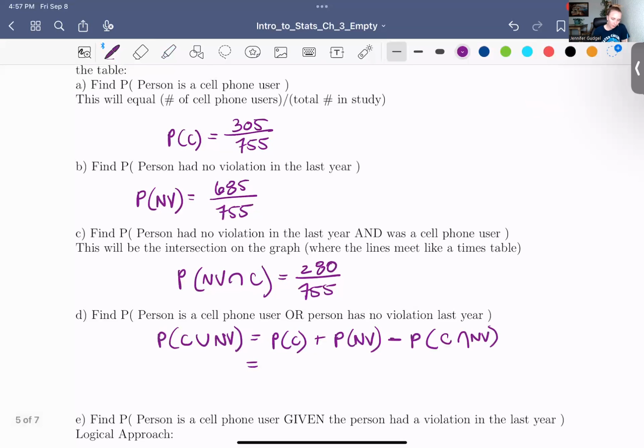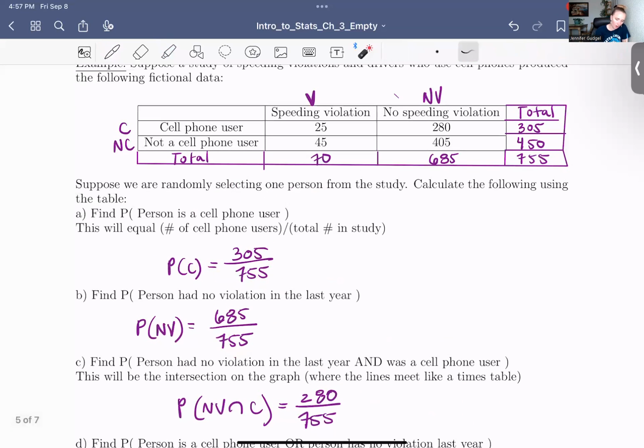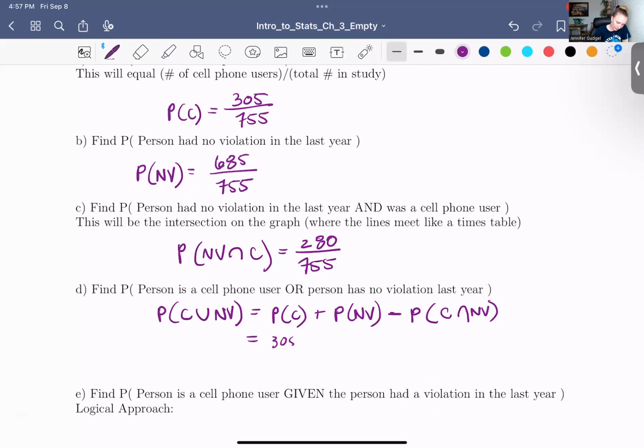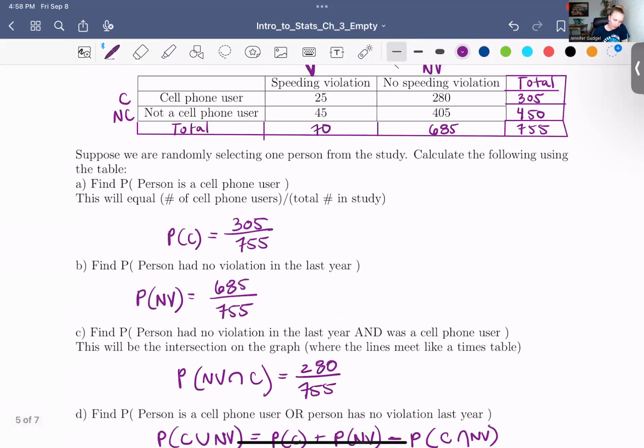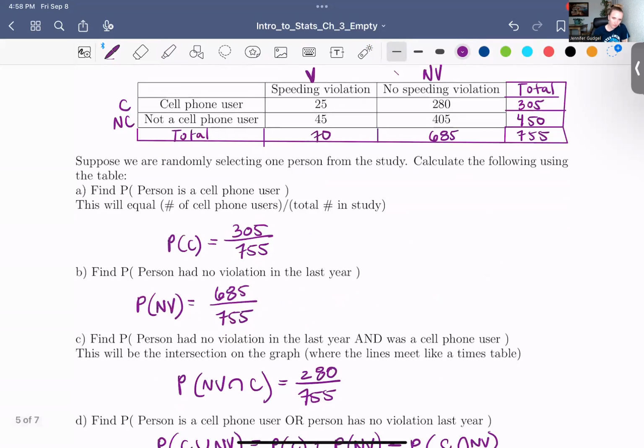So probability of cell phone, we already calculated, but we could go back to the chart if it was a different problem. All the cell phone users out of the total, 305 out of 755, plus the no violations, that's 685 out of 755.